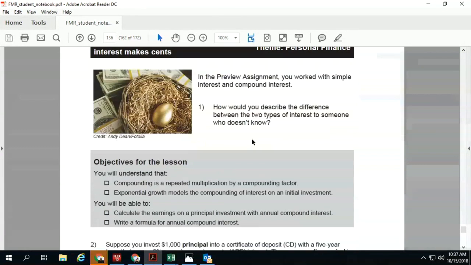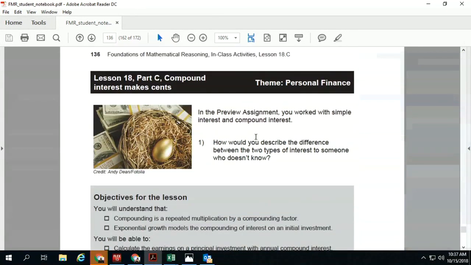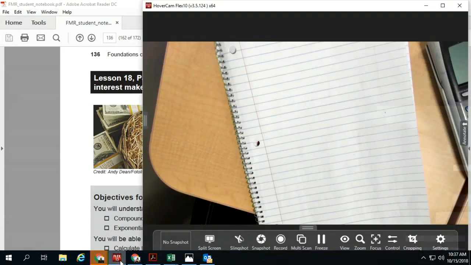All right. Page 136, new concept. You gotta think about the goal of the interest.